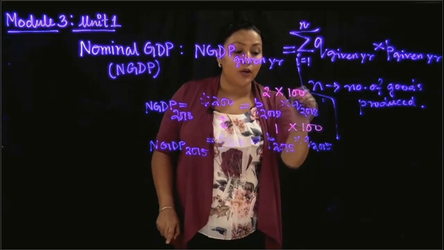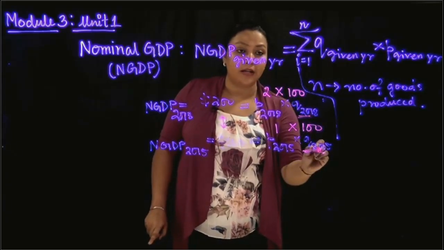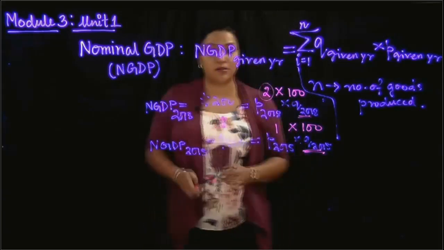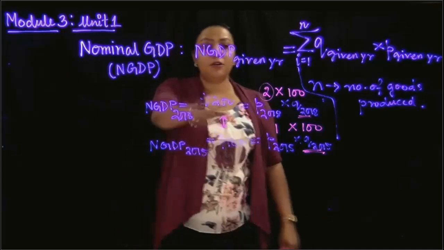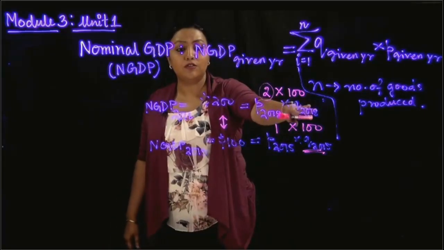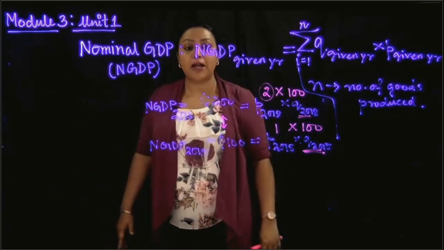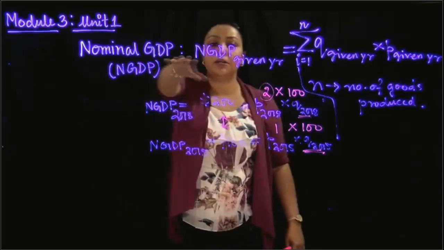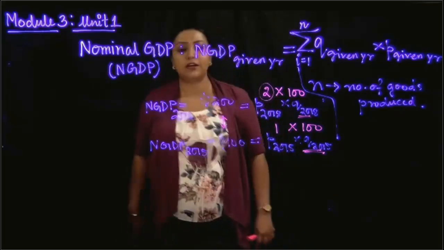That means this quantity may have stayed the same between 2015 and 2018, and what could have driven this increase may be the increase in price. So it really does not mean, if nominal GDP rises, that the total volume of goods and services produced has increased. It could be driven by an increase in price, or in other words, nominal GDP does not tell you anything about price adjustments over time.